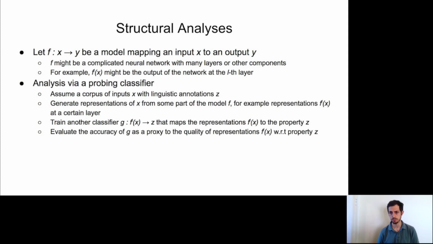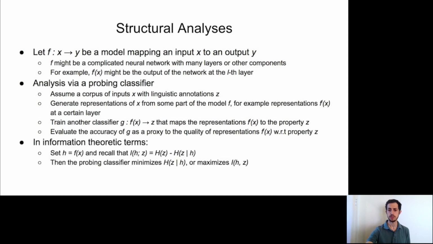We use a classifier to probe the model. Other names for this approach are auxiliary prediction tasks, auxiliary classification tasks, or diagnostic classifiers. And this idea has been used or invented by multiple people in the past couple of years.